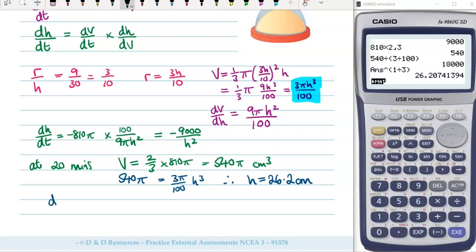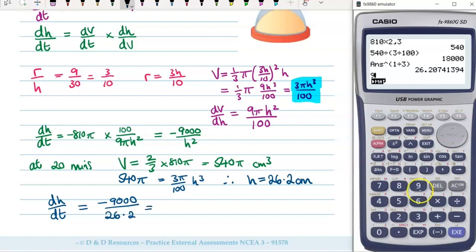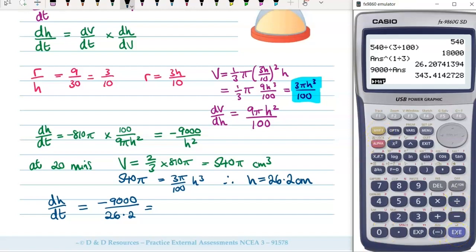So dh by dt will be minus 9,000 over 26.2. And I forgot the squared. So remembering up here, we've got minus 9,000 over h squared.